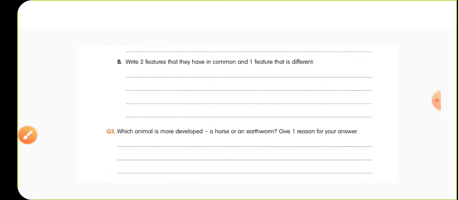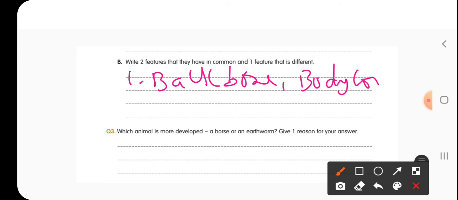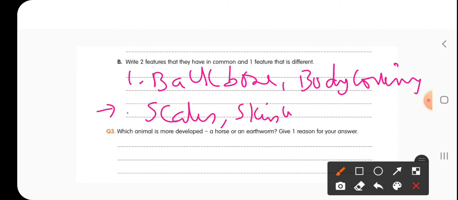Now the second one: write 2 features that they have in common and 1 feature that is different. The features that are common are the presence of a backbone and the presence of body coverings. The different feature is that fishes have scales as an outer covering, and your dog has skin with fur as an outer covering.